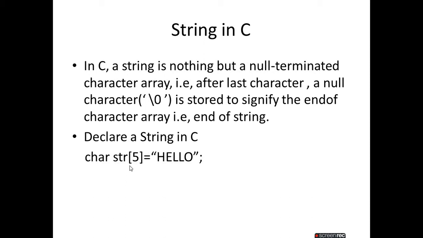The size of the array is 5. Now, if you store a string, it is in double quotes, and this is the string hello. How many characters are there? 5: 0, 1, 2, 3, 4. That means total 5. This is a character array. This is an example of the string.